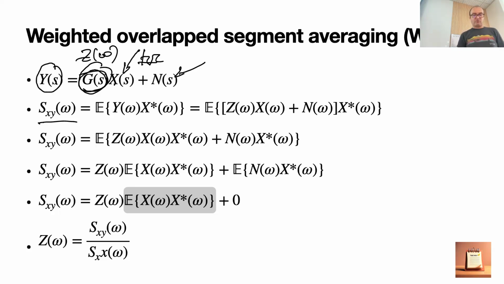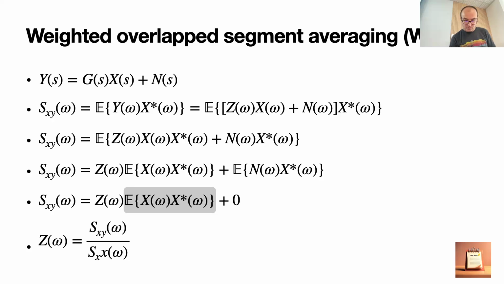By definition, the cross correlation is the expected value of one signal multiplied by the complex conjugate of the other signal in the frequency domain. Fine. Let's put this equation in here. Instead of y, we put our impedance times x. So I remove this part, and instead of y we put this equation here, and this should be z. And we have this.